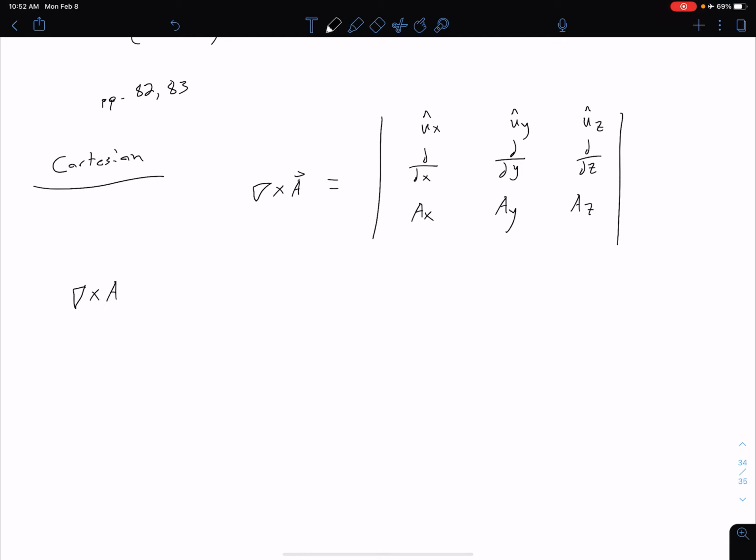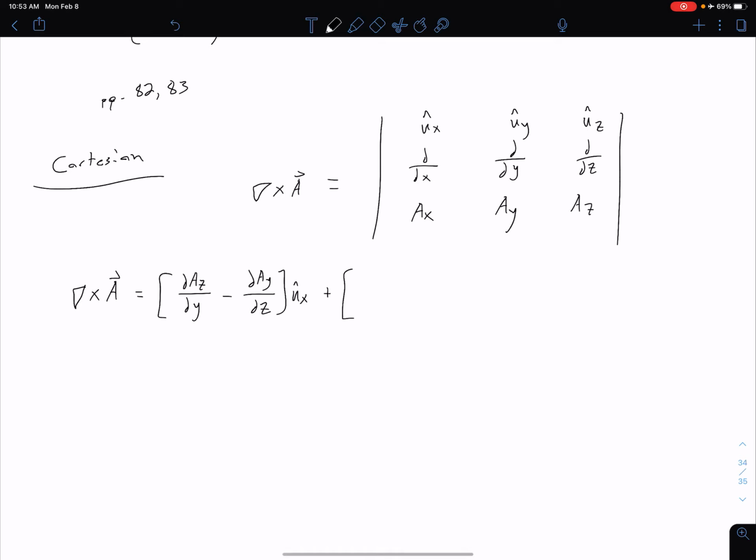So del cross A equals the partial of A sub z with respect to y, minus the partial of A sub y with respect to z, and that is in our x direction.